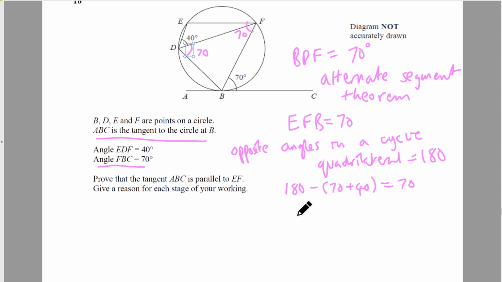Now angle CBF equals EFB. CBF equals EFB. So here you go. Because we're going to try and prove that those were parallel lines.